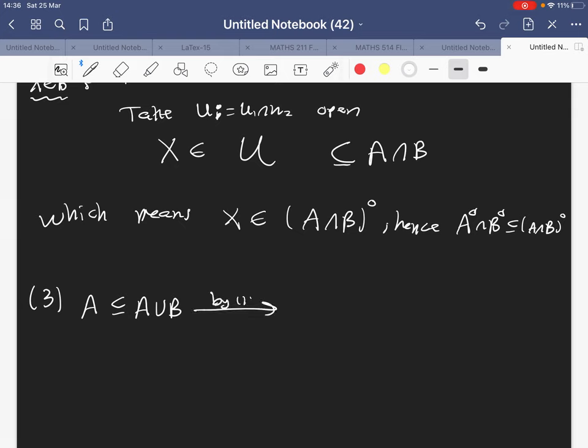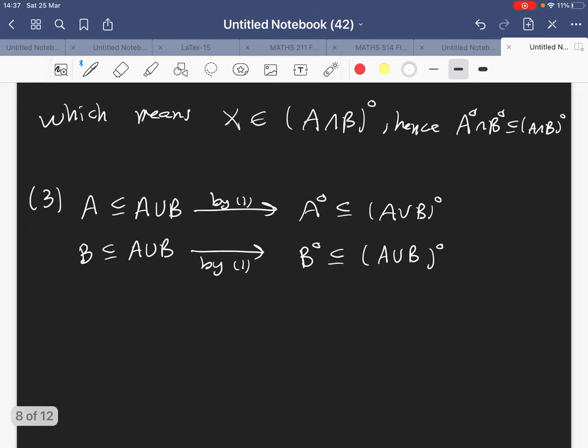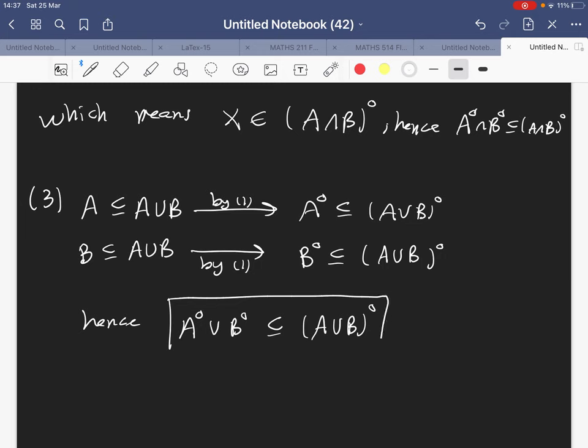So by 1, the interior of A will be a subset of the interior of the union, and if we do the same thing for B, we get the interior of B is a subset of the interior of the union, which means if we take the union of these, it will live, of course, in the same place here. So if we take the union, we'll get this one.